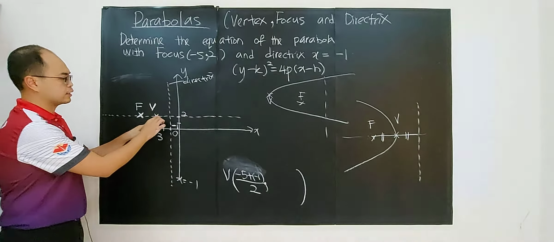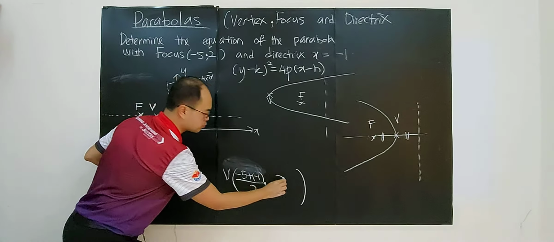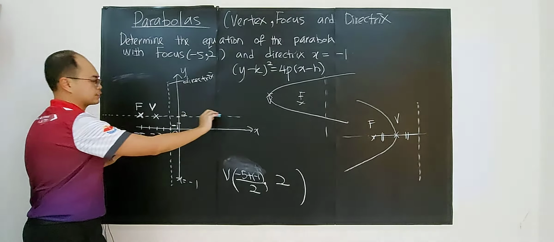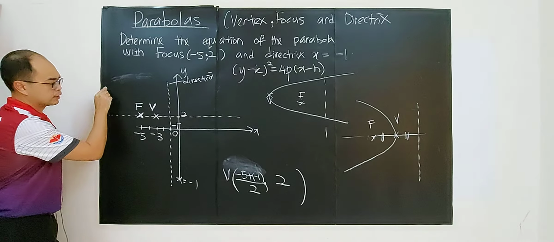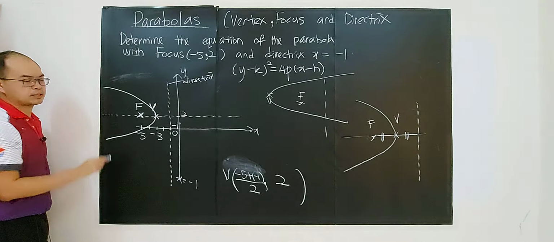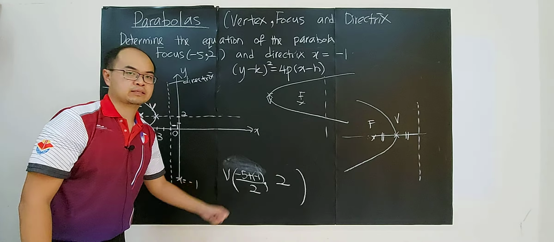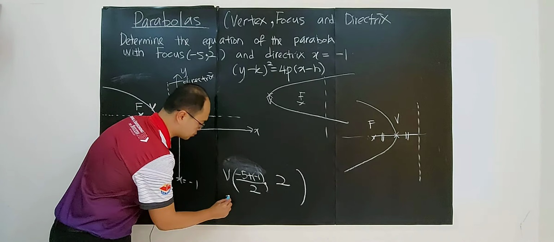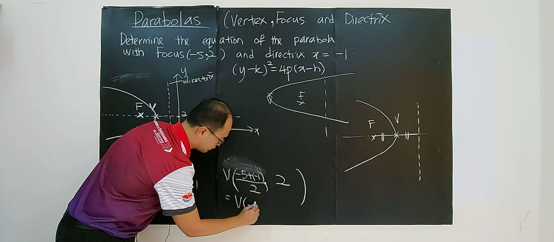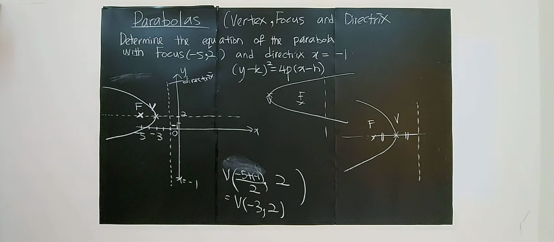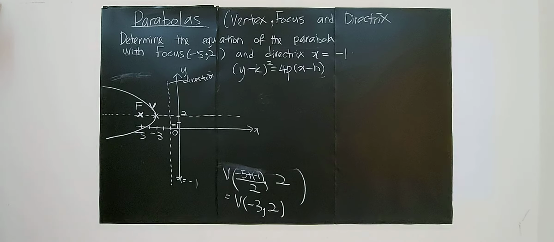And of course, the value of y has to be 2, right? Because they are on the same axis, right? Same axis. So now you're very sure that the parabola will be around here, right? So the most important thing is you know the vertex. Alright, so the vertex will be -3, 2. Okay, so this will be the first information I get.